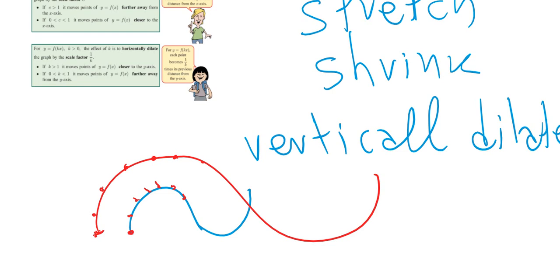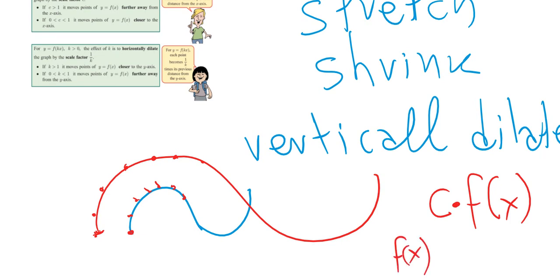So vertical dilation is when I have a form called c f(x). In other words, c is a constant. So instead of having f(x), I have 3 times f(x).